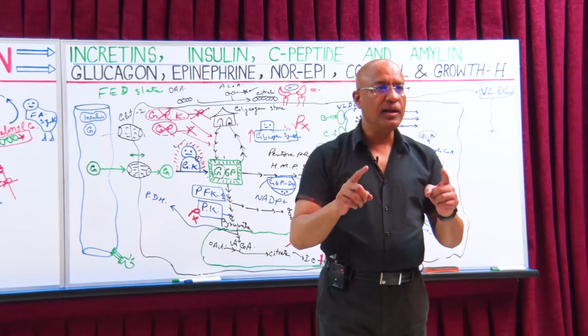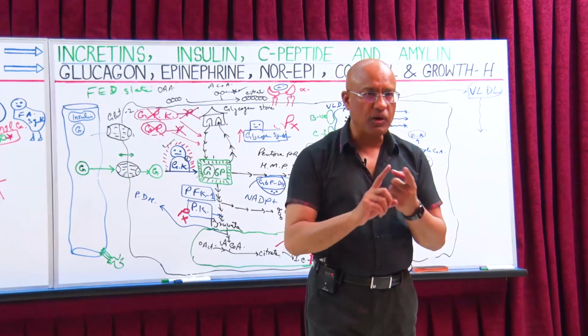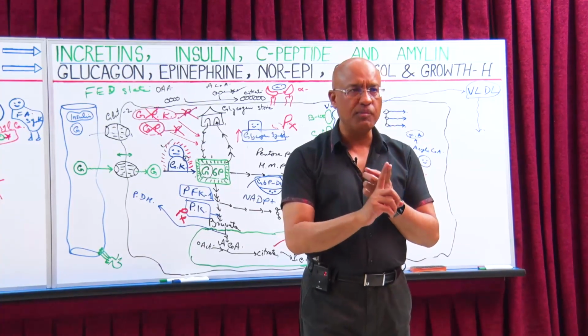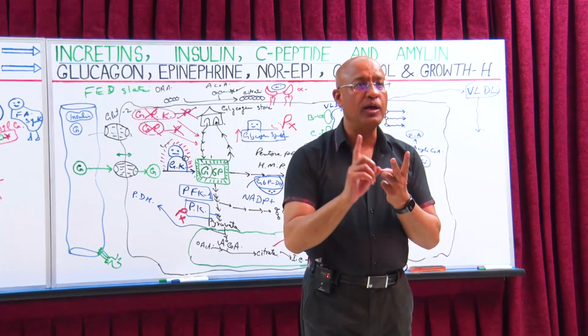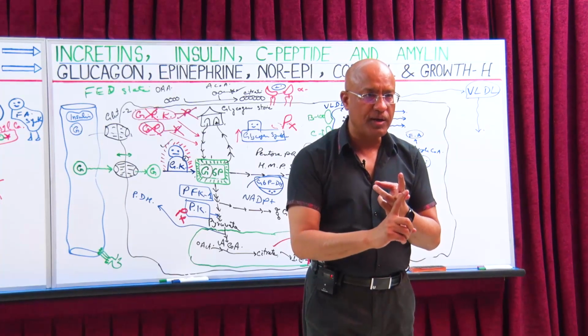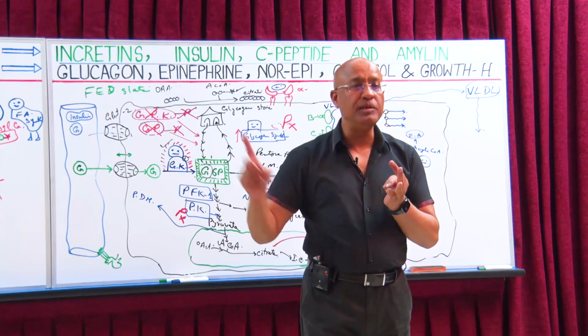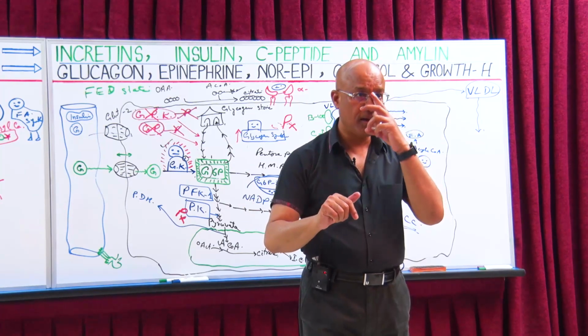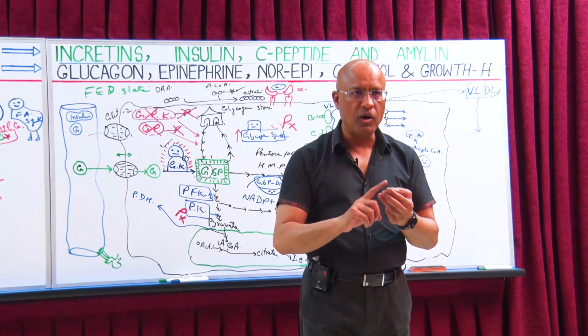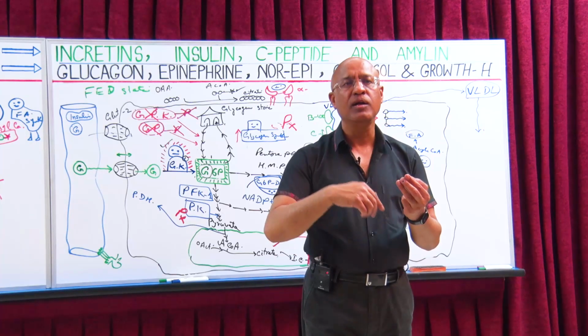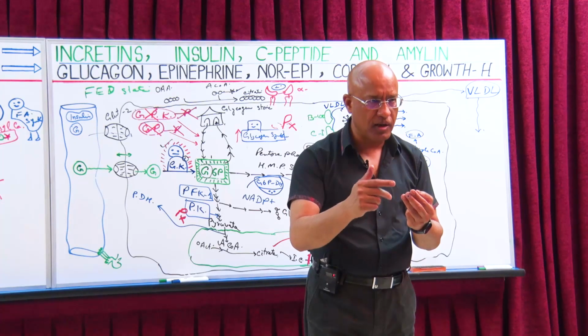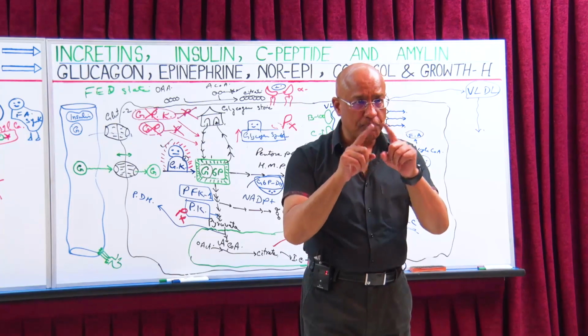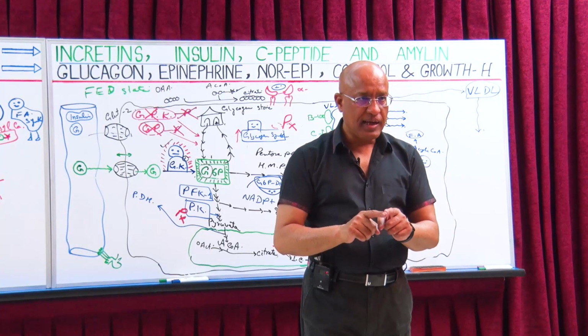Now, we are still talking about the fed state. What we learned today, we did learn about insulin, but we also learned about the fed state and the role of the liver, and we also learned about many metabolic pathways and how they are influenced by insulin or allosterically, or enzymes are activated by others. But I have completed the work on the hepatocyte.